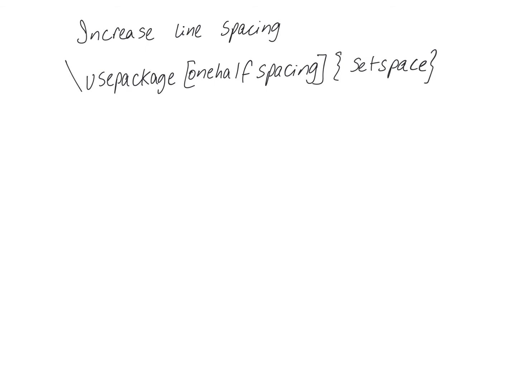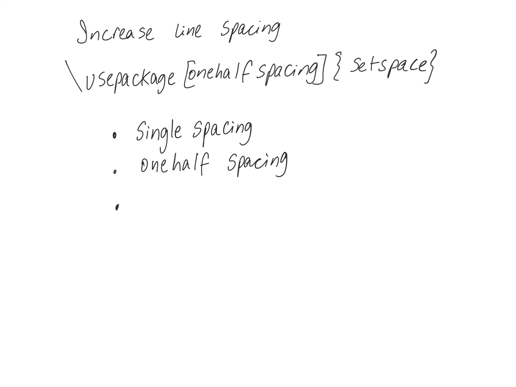So if we do this in the preamble, you'll see 1/2 spacing between lines. If you wanted to use double spacing, you could use double spacing. So there's single spacing, which is the default if you use setspace. And then there's 1/2 spacing. And then there's double spacing.